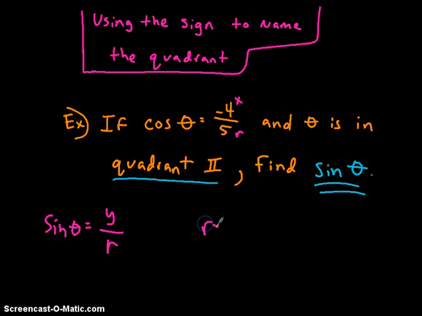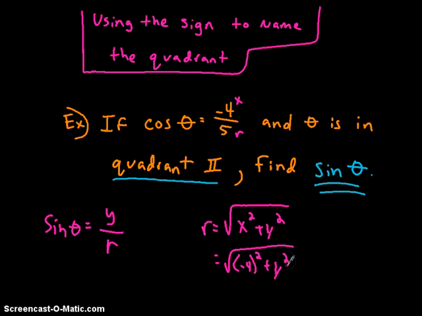So since r is equal to the square root of x squared plus y squared, well, r is going to have to equal the square root. I know x is -4 squared. I don't know y squared, so it's still there. And I know that r is 5, so it's going to be 5 equals that. Not squared, just 5.